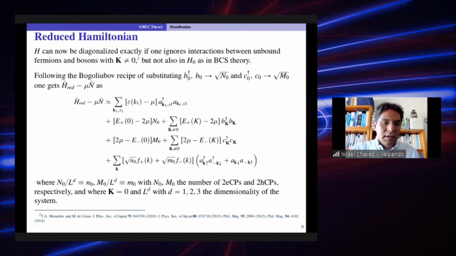To diagonalize the Hamiltonian, we must follow the Bogoliubov approach, and we ignore interaction between unbound fermions and bosons with big K different from zero, and this is the reduced Hamiltonian.